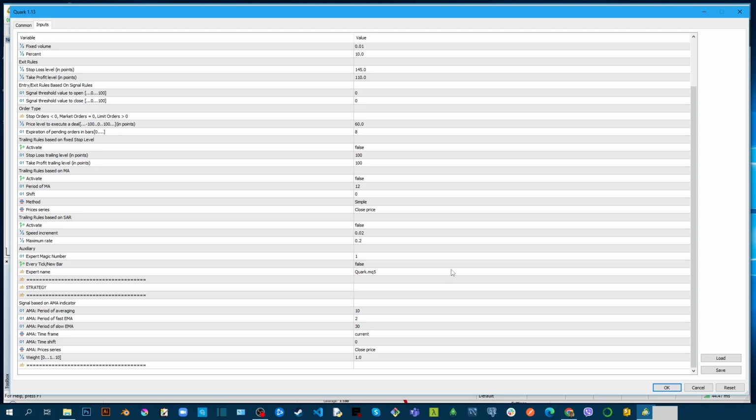These experts have only one signal, as you can see here at the bottom. So it's very easy to use, and I think there will be no problem learning how to use this expert.